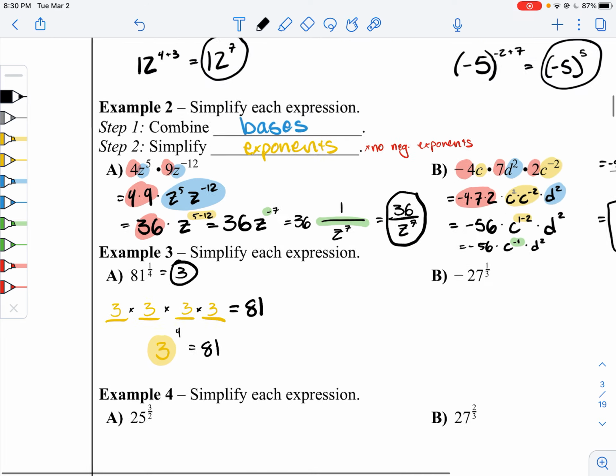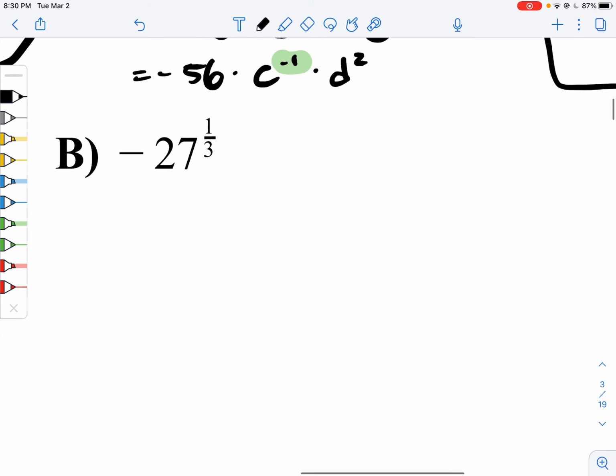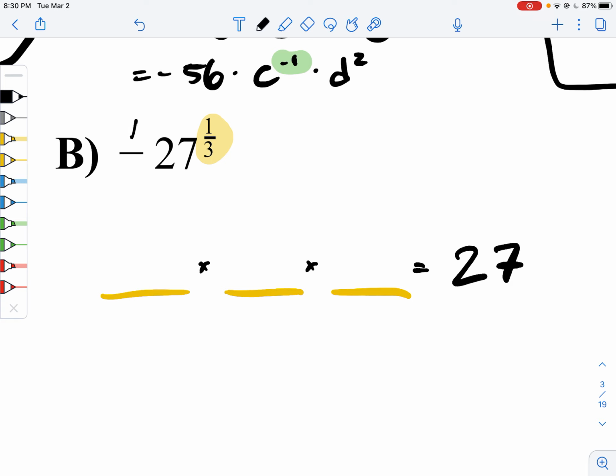Cool. Now here, let's look at -27 to the 1/3 power. I guess I should have put that this way, but that's not going to change the problem. So we're looking for some number that, when multiplied by itself 1, 2, 3 times, equals 27, and then we're going to put a negative out in front of it.